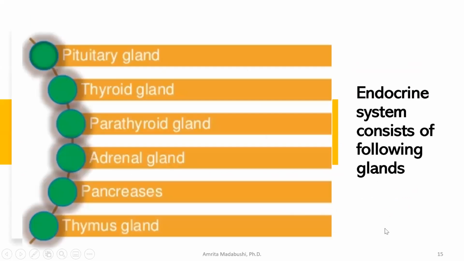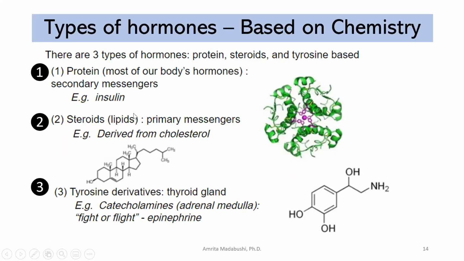And then there are lipids, and these can also act as hormones. We talked about this when we were doing the lipids chapter. If you remember, there are steroids which can act as hormones, and which are the primary messengers, and they can be derived from cholesterol or from different kinds of sterols. So that's one of them.